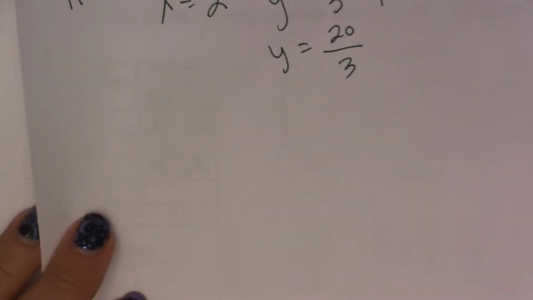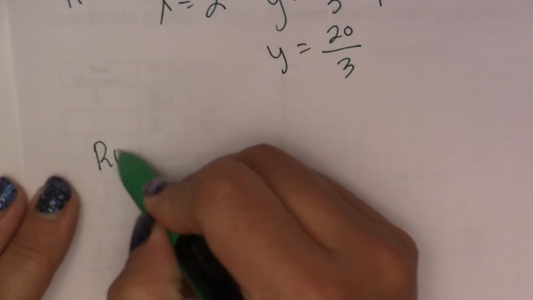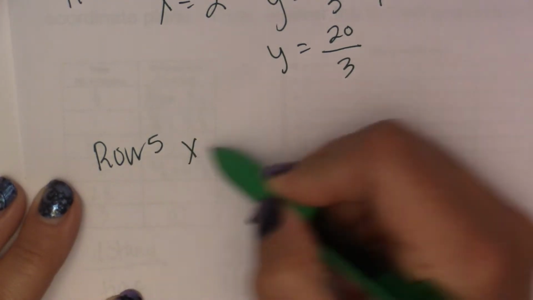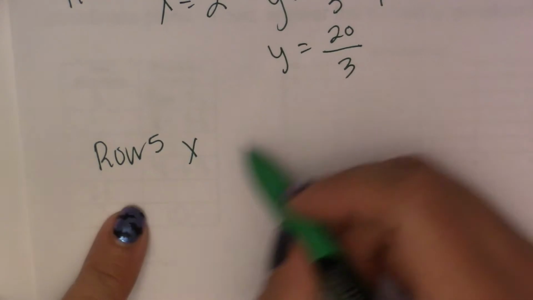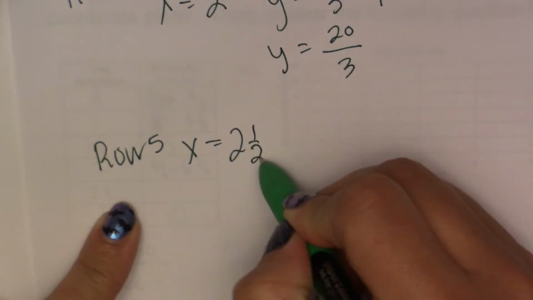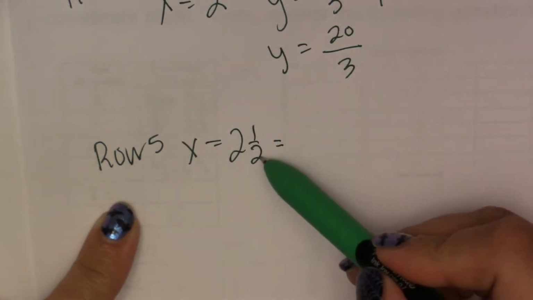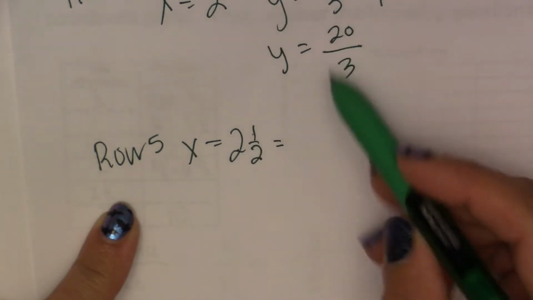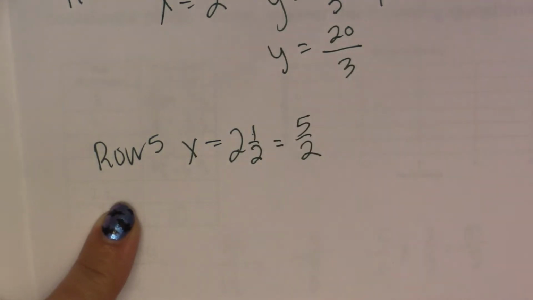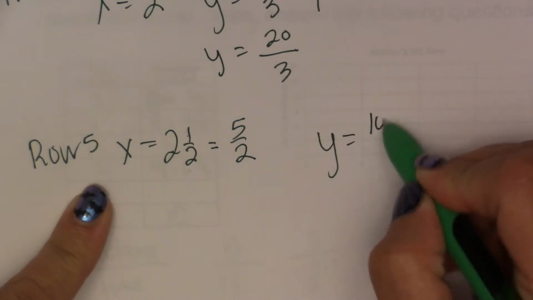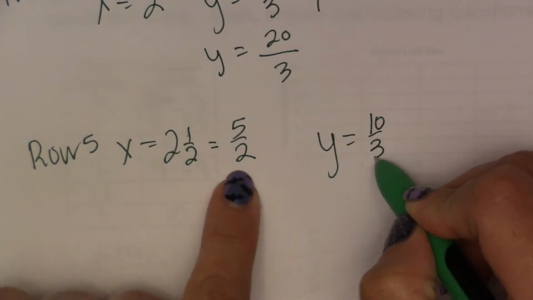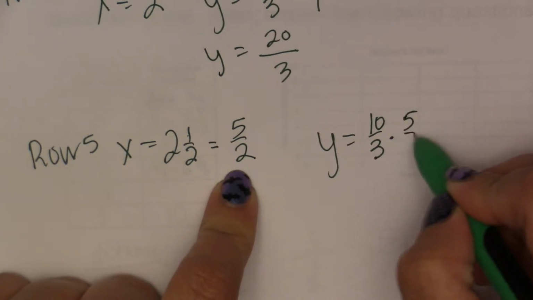All right, so now I'm going to do row 5. And in this case, my time is 2.5, which I'm going to make an improper fraction. 2 times 2 is 4, plus 1 is 5, so 5/2. We're going to do the same thing and use our equation. So y equals 10/3 times 5/2.